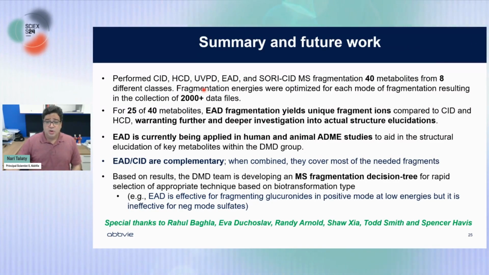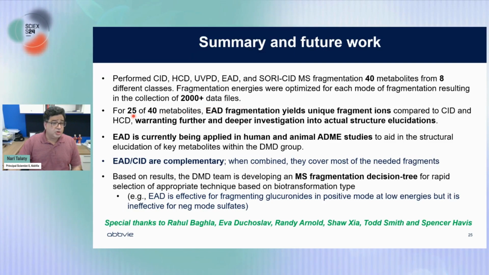We did a lot of work trying to understand which of these worked best. This generated a lot of files for our summer intern. She did a great job here. The conclusion was that for 25 of the 40 metabolites, EAD yielded unique fragment ions when compared to CID. And the beauty was that you have EAD and CID on the same platform.